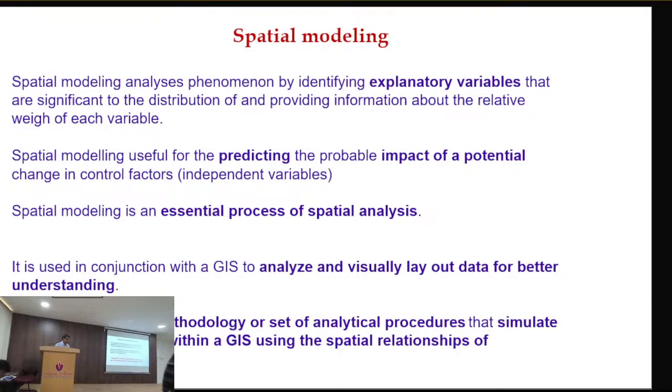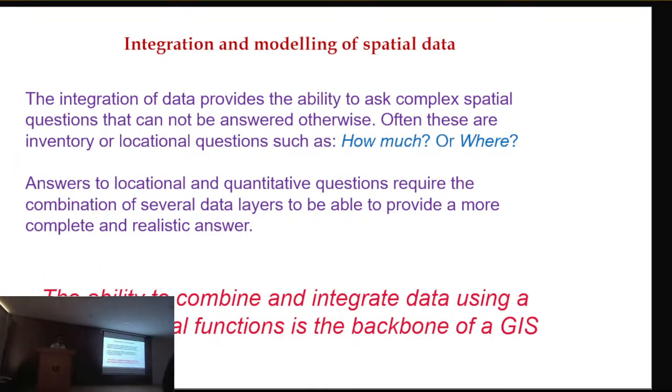So now integration. How do we do this integration? As I told, a simple equation: C equals A plus B. How do you integrate the data inputs? Say, for example, A is one of the inputs, B is one of the inputs. How do you integrate these models? How do you integrate this data? This is one of the challenging tasks in developing your spatial data integration, and the ability is to combine the data using a variety of functions, parameters, and data sets.